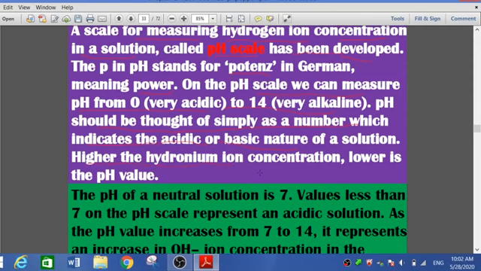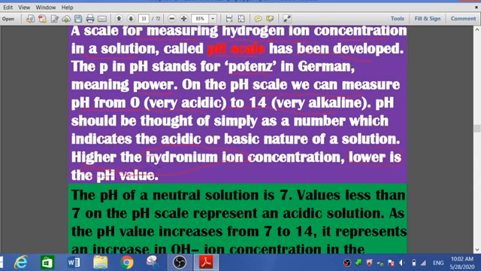Higher the hydronium ion concentration, lower the pH value. Here we have to understand this sentence: higher the hydronium ion concentration, lower the pH value.